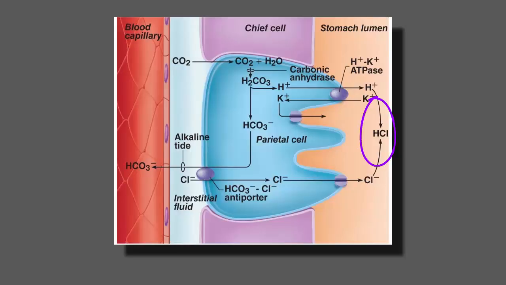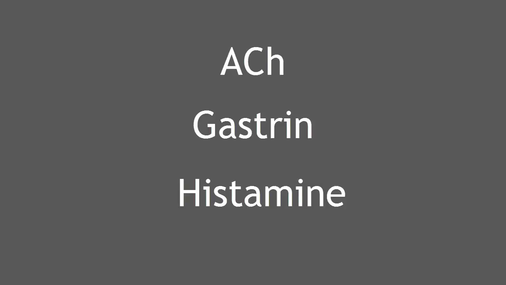Now this production of hydrochloric acid is stimulated by three chemicals, and the three chemicals are acetylcholine, which is released by parasympathetic nerve endings, gastrin, that is released by the enteroendocrine cells, and histamine, which is released in response to gastrin. When one chemical binds to the parietal cell, hydrochloric acid secretion is minimal, but when all three bind, copious amounts of hydrochloric acid are produced.